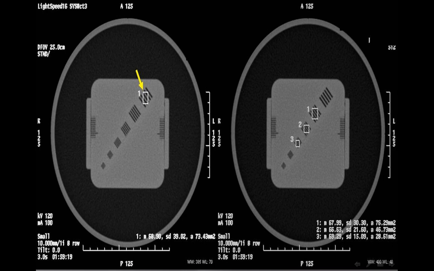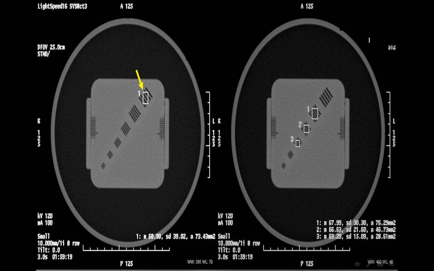But if the gap between line pairs is very small, you will find no large variation between the Hounsfield units or the counts inside the region of interest.